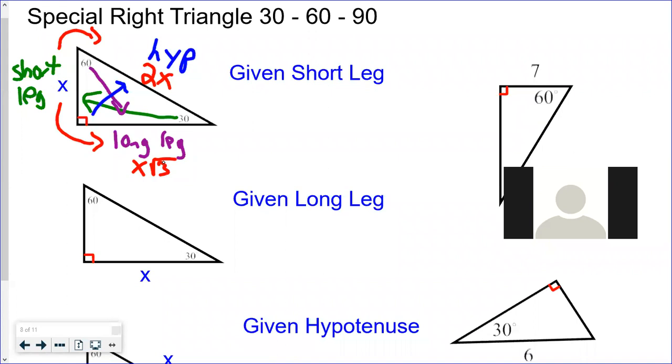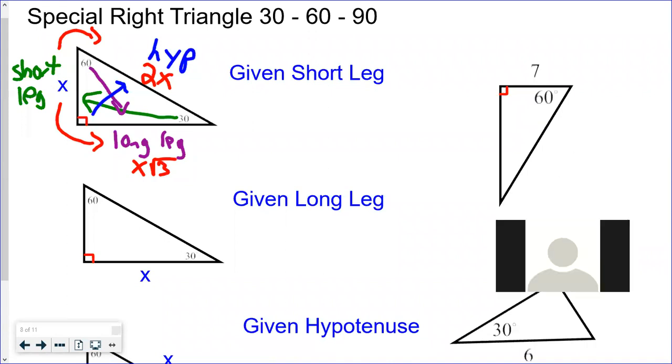Okay. Now let me give you an example of this because it's really not too bad. So come over and look at this triangle. Again, if this is 90 here and this is 60, well, then that defaults that this has to be 30 here. So it's 30, 60, 90. Now, notice this is the short leg. I'll just put SL for short leg.